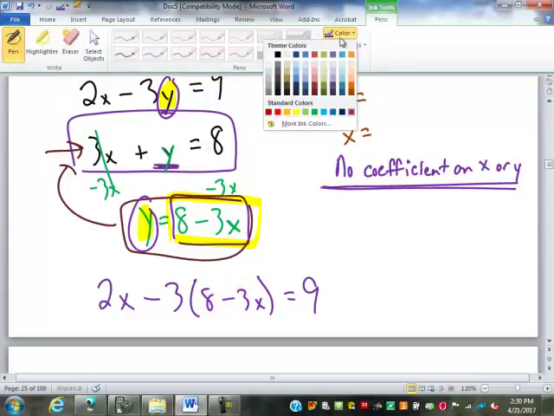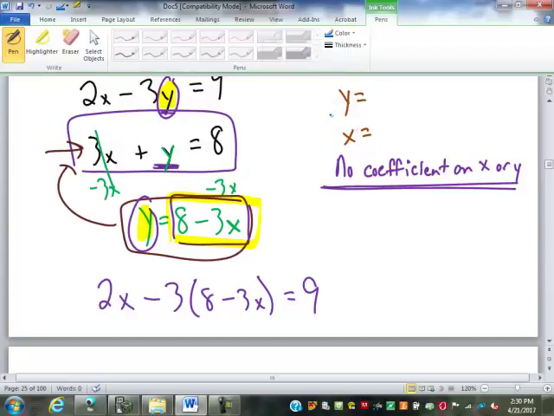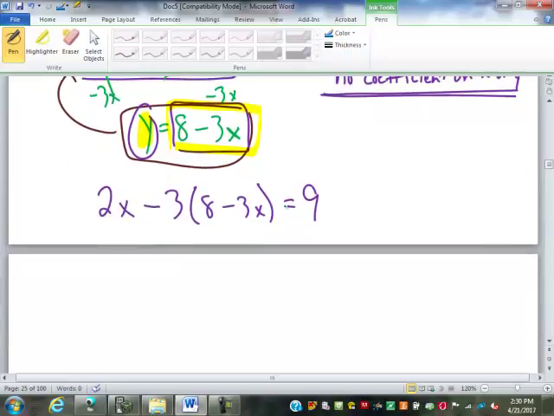So now it's just a matter of solving this equation, and we'll get a number for x. You see that there are parentheses here, which tell us we have to do something there first. Is there anything to do inside of these parentheses?